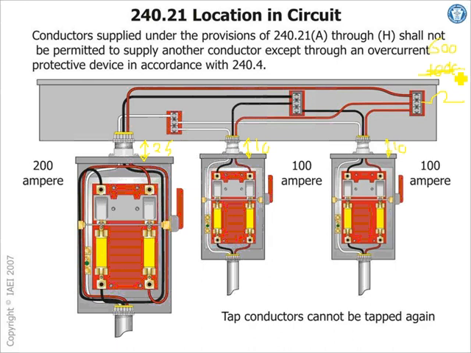When you design a system, you have to add all your loads and make sure that feeder here can handle it, right? To start with, your feeder from the top here has to be able to handle all these loads. Then you start sizing your conductors. So that's your taps.